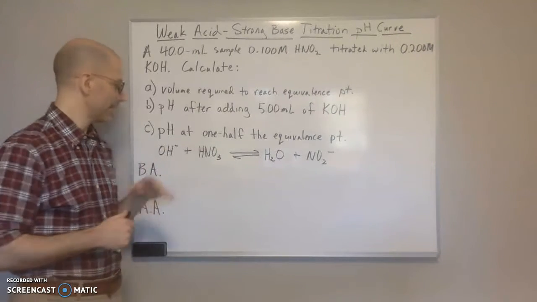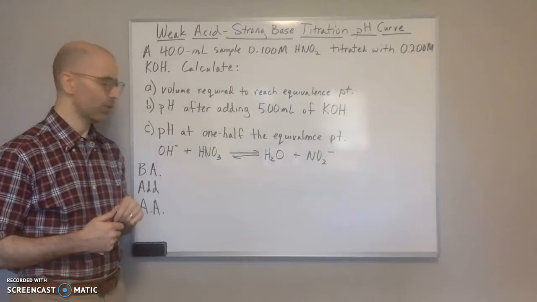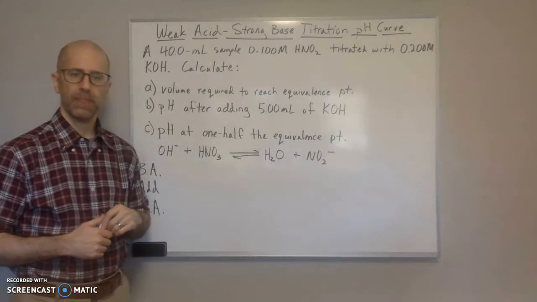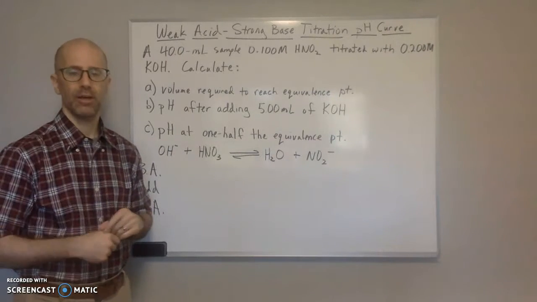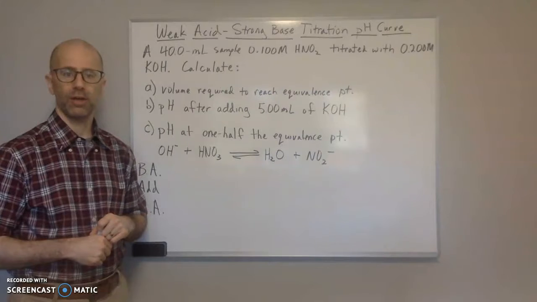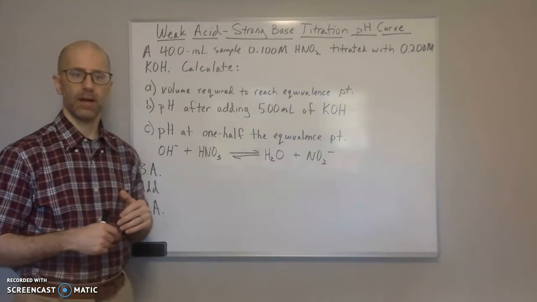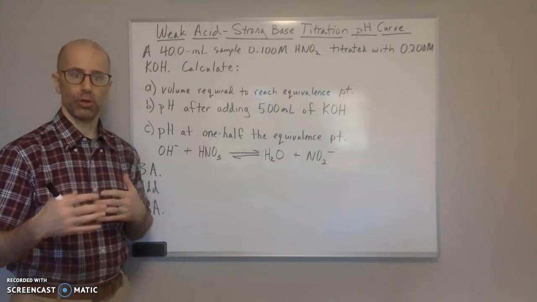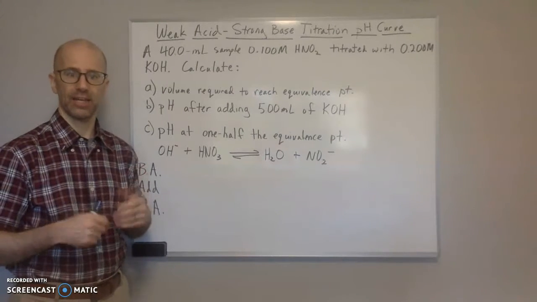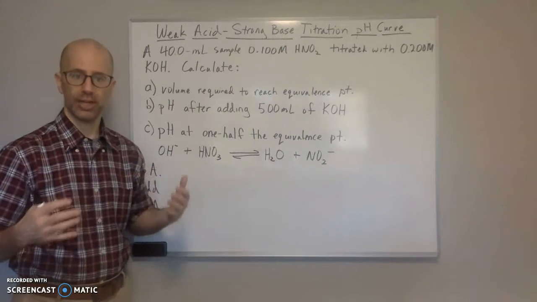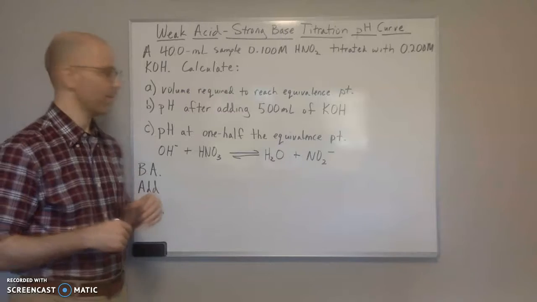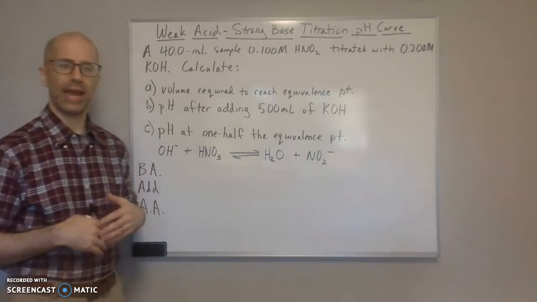At the half equivalence point, you've added half the amount of the equivalence point. So instead of the full amount, you've only added half, and you haven't added enough to neutralize all of your acid.